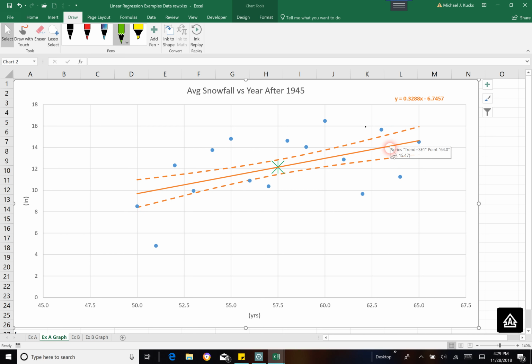And I would expect, with about 68 or 70% confidence, that another 16 measurements of snowfall would produce results that lie within these dashed lines and are represented best by this solid trend line. That's what we mean by analyzing the average.